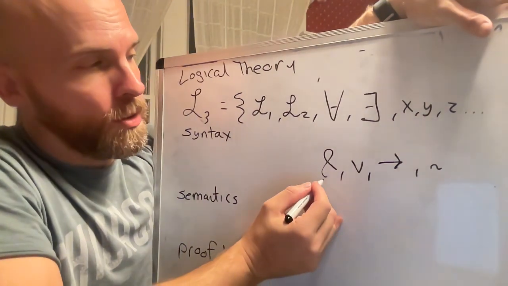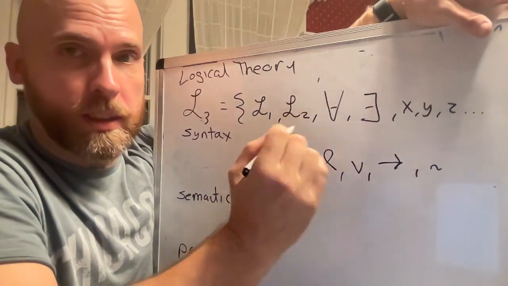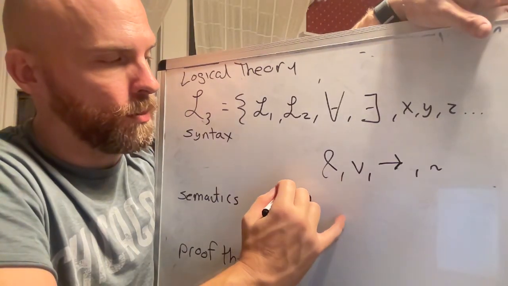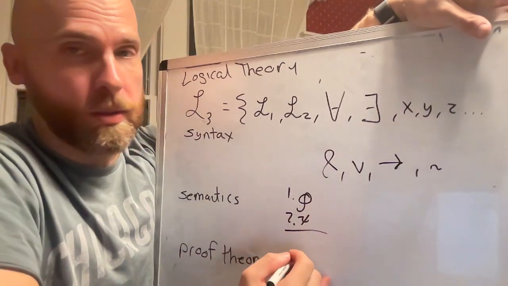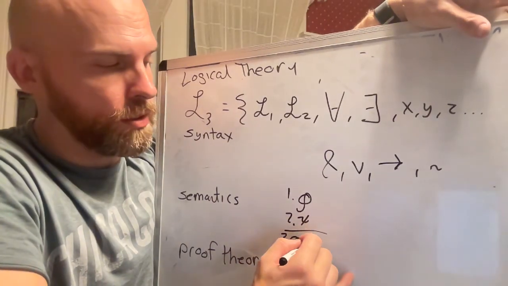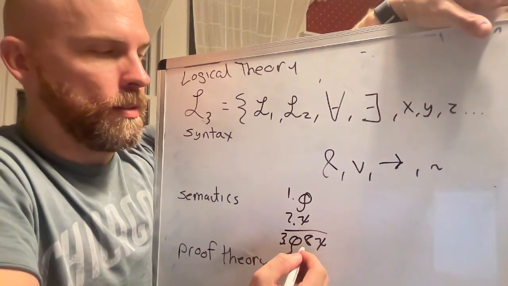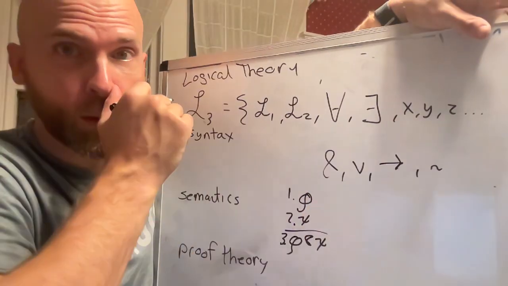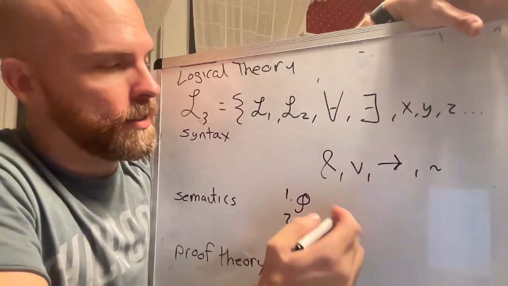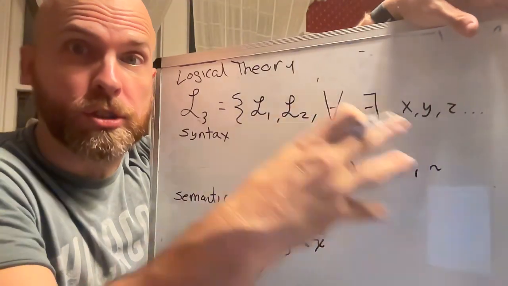So you have an introduction rule for conjunctions. Anytime you have something of this form and something of this form on a line, you can infer, on the third line, as a matter of logic, this. So if phi is true on one line, and psi is true on another, then you can infer phi and psi. That's how you can introduce conjunction logically.